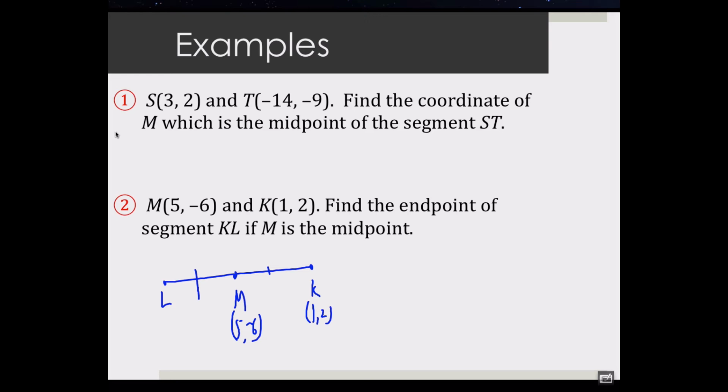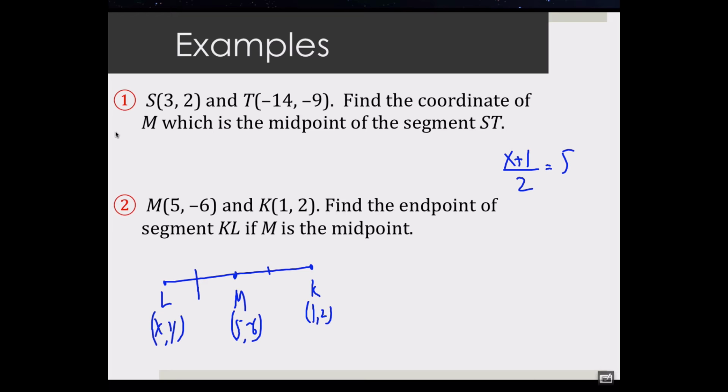I'm going to call this point L (x, y). If I knew the value of L, then I would take the x value from L, the x value from K, add them up, divide by 2, and that would give me the x value of M. So I would get the equation (x plus 1) divided by 2 has to equal 5.